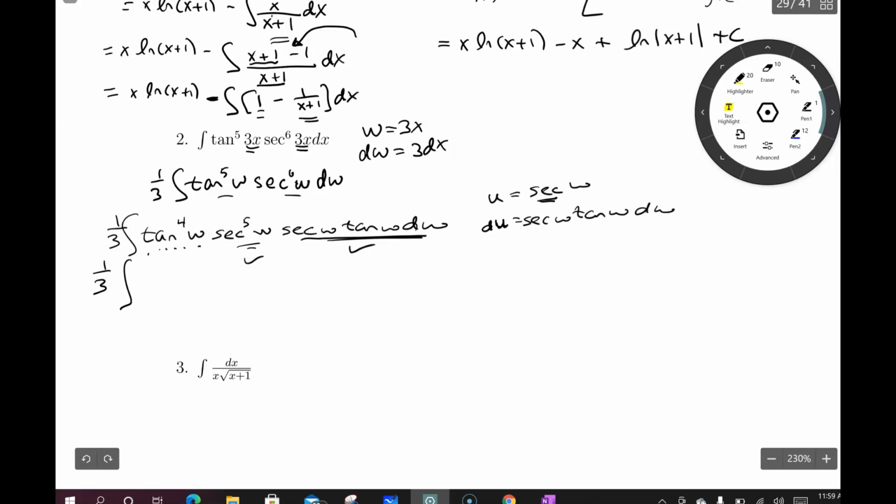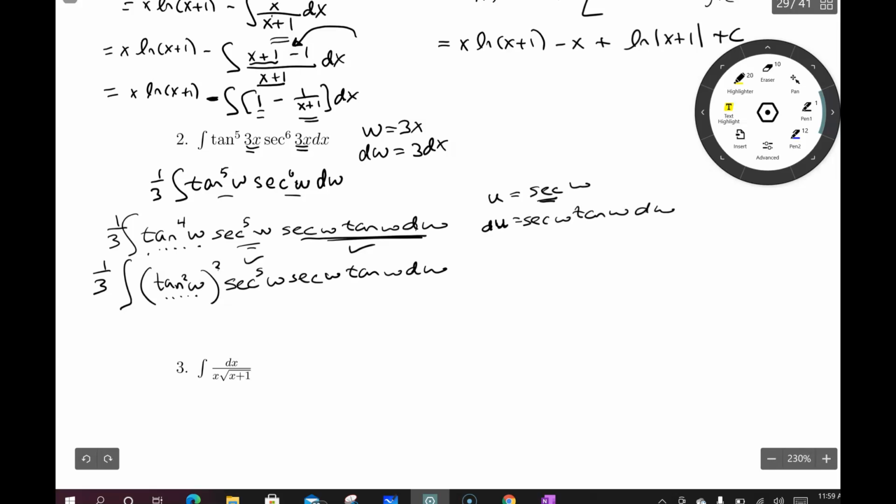Changing to secants. So I know tangent squared, right, gives me tangent to the 4th. So let me just write it out one more time. Tangent w, dw.